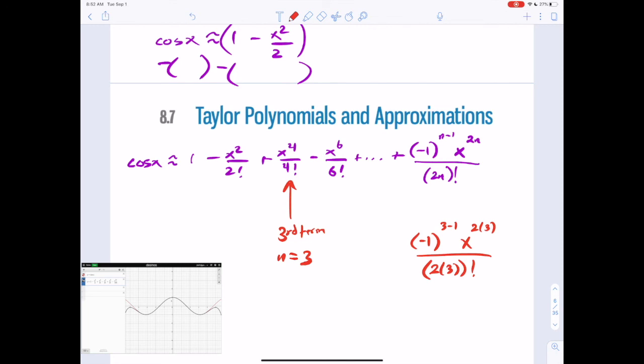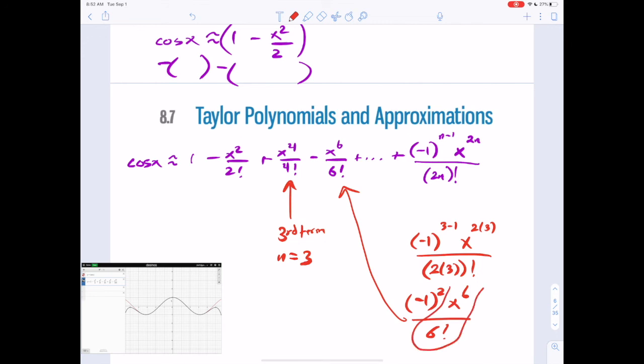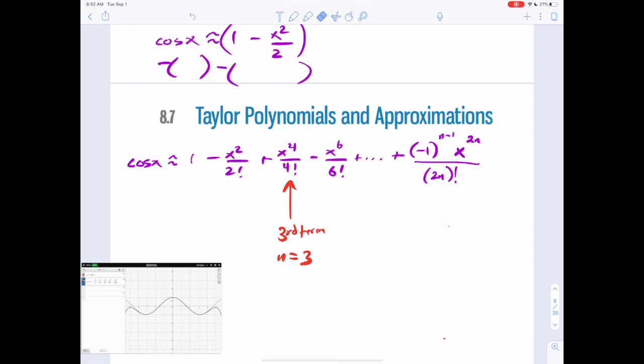But this is weird because that's negative 1 squared x to the 6 over 6 factorial. So something's off here, right? So we're supposed to get x to the 4th over 4 factorial. So notice how we got the 4th term, right? Well, kind of. We had x to the 6 over 6 factorial, so we're getting close, but we have to tweak it somehow. Okay, so what are we going to do here?